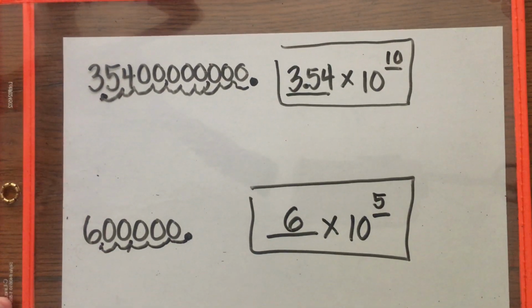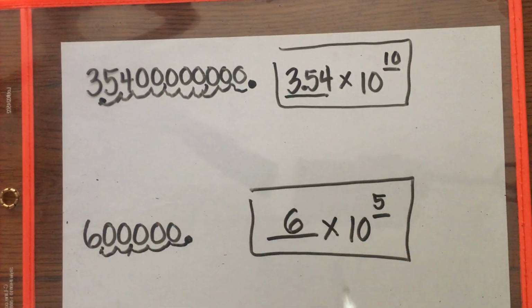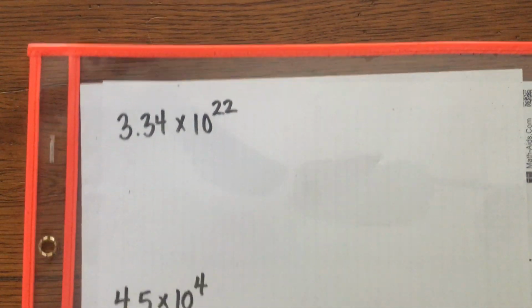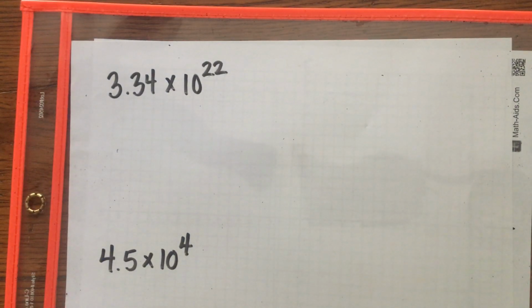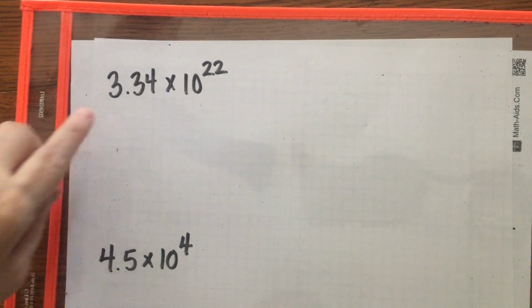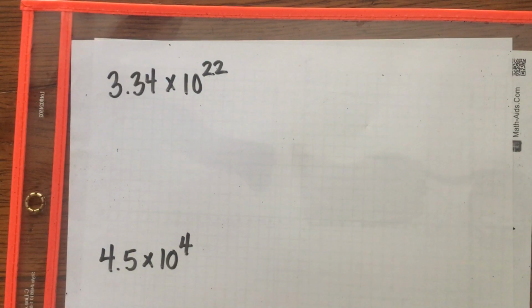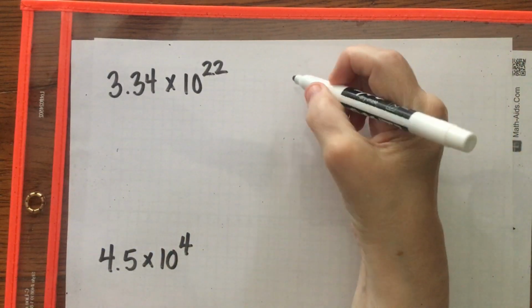All right, so this is when we go from standard form into scientific notation. We can do it the other way. So you're looking at your medicine and it has some kind of weird measurements. Well, how big or how small is that? And you have it in scientific notation. All right, so we start with our mantissa.